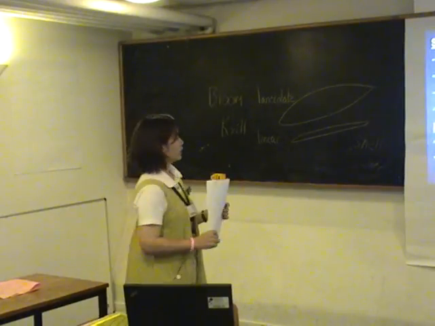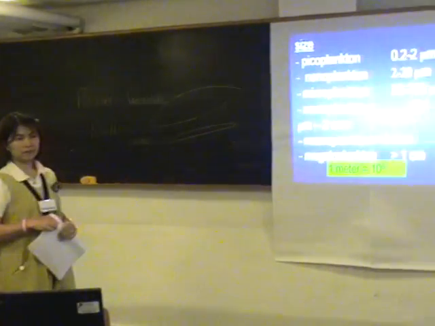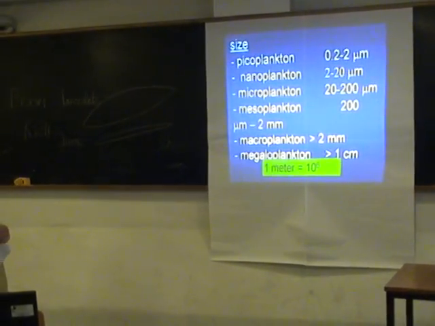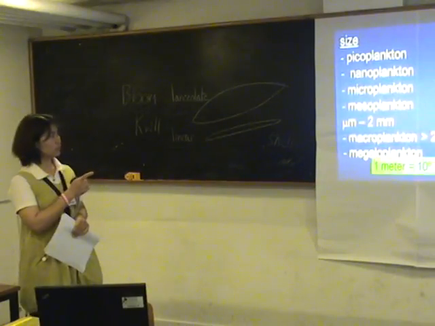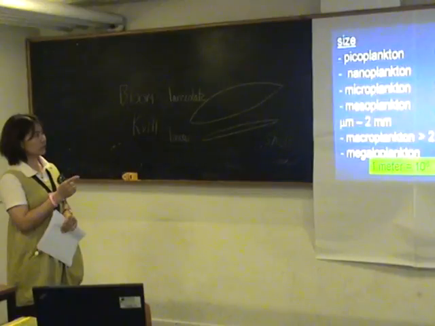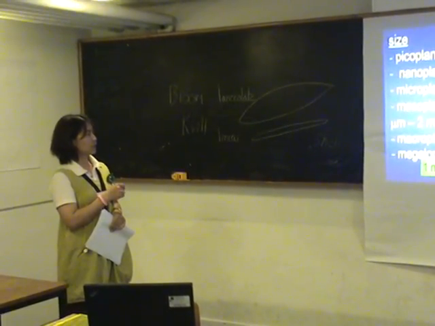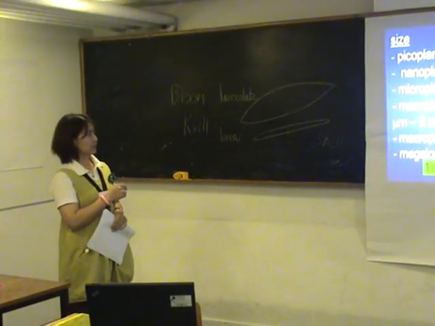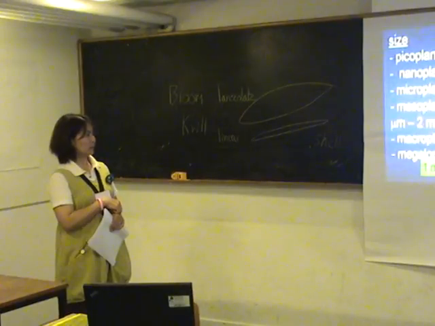You can see from that, 0.2 to 2 micrometers we call picoplankton, nanoplankton is about 2 to 20 micrometers, microplankton is 20 to 200, mesoplankton is 200 micrometers to 2 millimeters, and macroplankton is more than 2 millimeters.